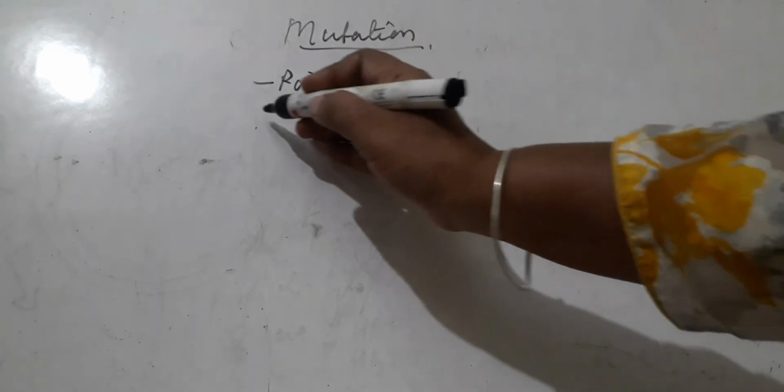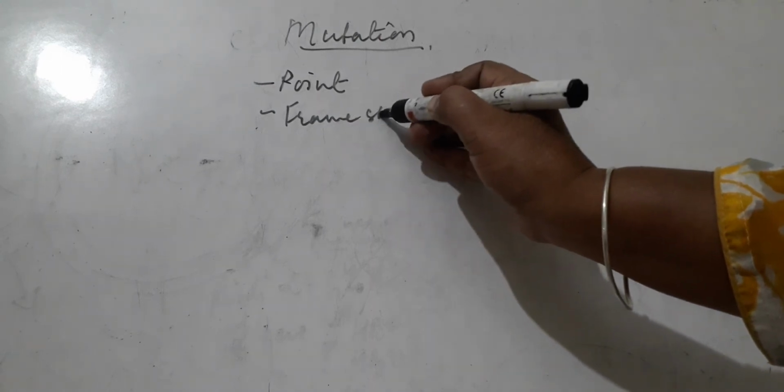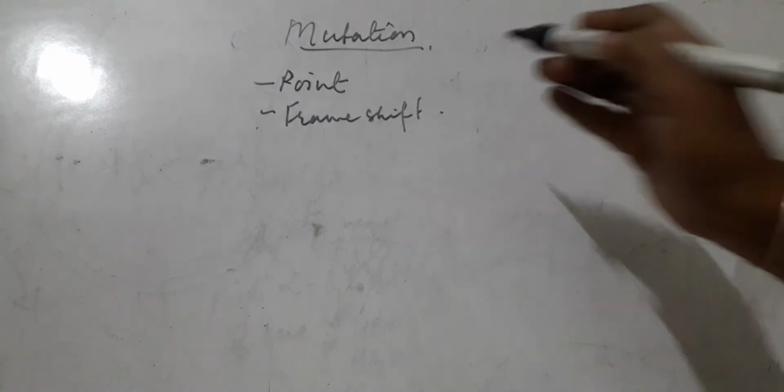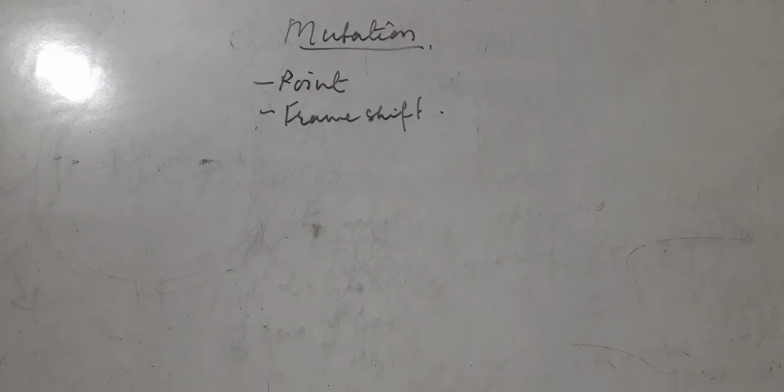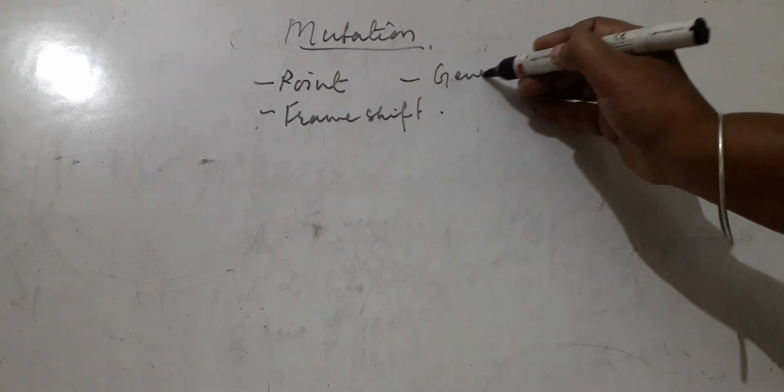तो type of mutation is which is in your syllabus as point mutation, frame shift mutation. Point mutation is also a gene mutation.